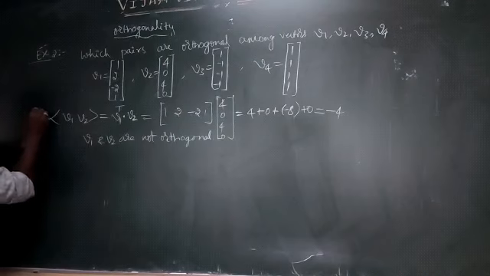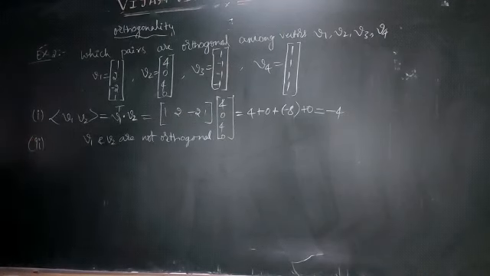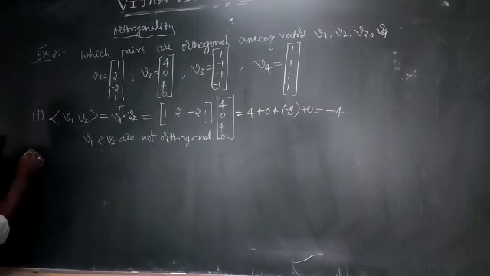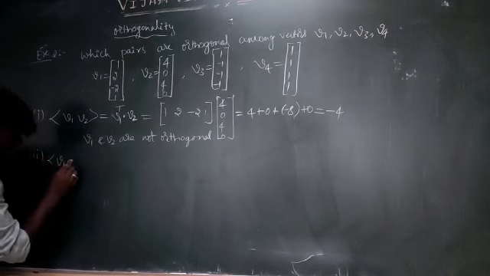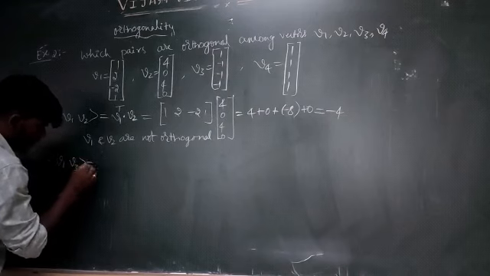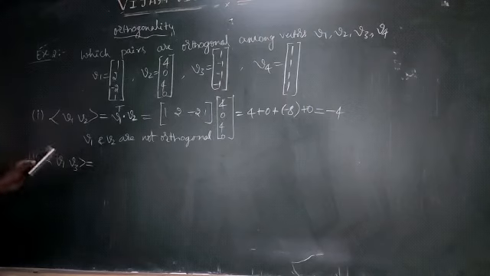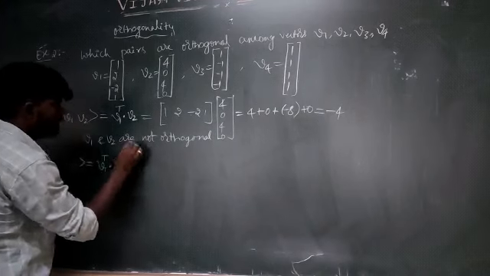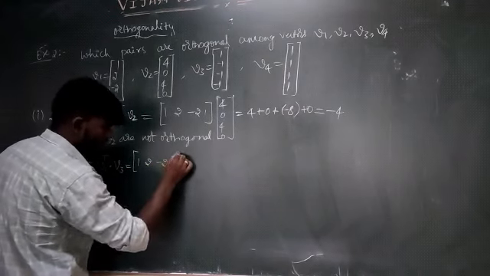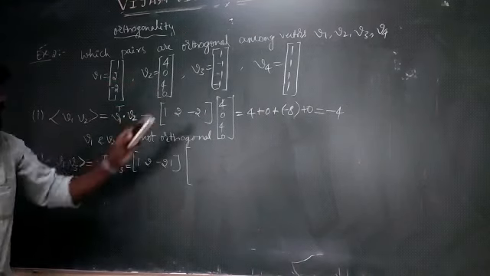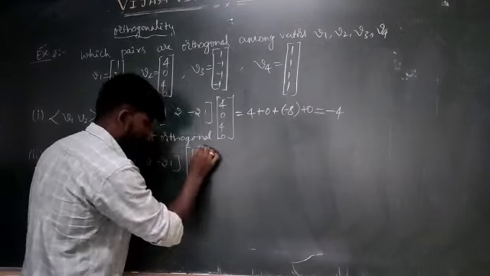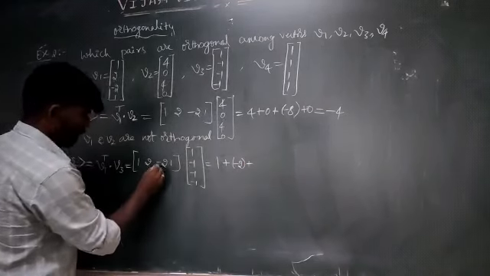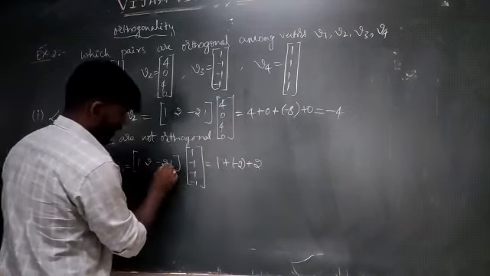Okay. Second pair: v1 and v3. The inner product of v1 and v3 tells us whether they are orthogonal. v1 transpose dot product with v3, where v1 is (1, 2, -2, 1) and v3 is (1, -1, -1, -1). This gives 1 into 1 is 1, plus 2 into -1 is -2, plus -2 into -1 gives +2, and 1 into -1 gives -1.